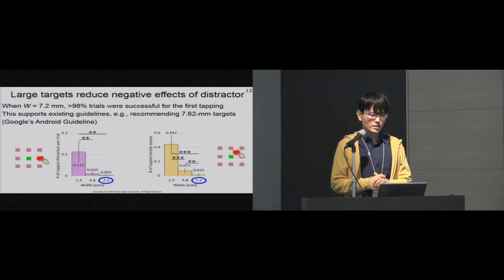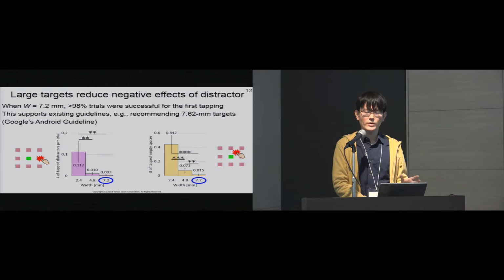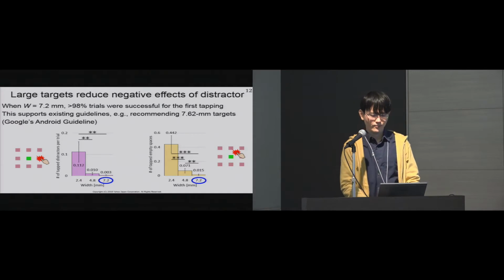Okay, another recommendation is, of course, using large targets. Large targets significantly reduce the negative effects of distractors. On the left side, the number of tapping distractors per trial was only 0.3% when we used the 7.2 millimeter targets.